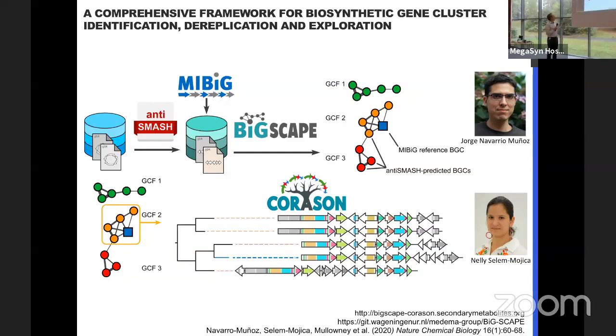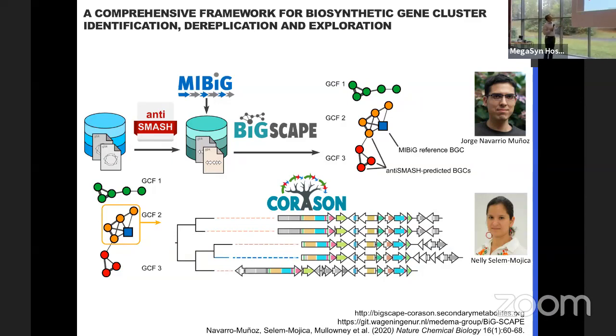Then we have MIBiG, which is an online data repository for known biosynthetic gene clusters with known products that have been experimentally characterized. And then, since recently published earlier this year, we have tools, for example, BiG-SCAPE and CORASON, that allow really exploring the diversity of these gene clusters at large scale.